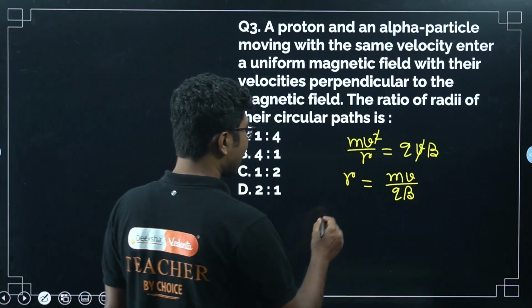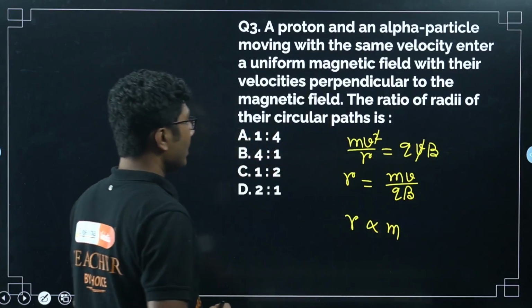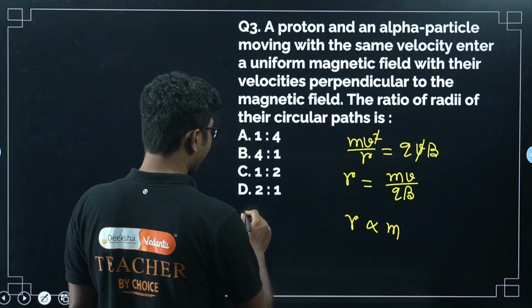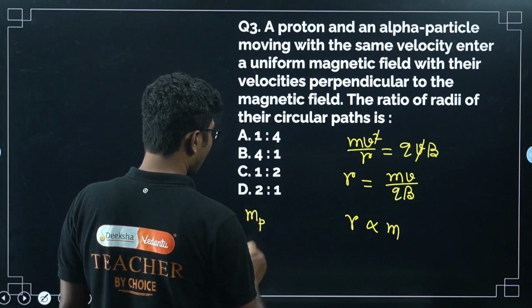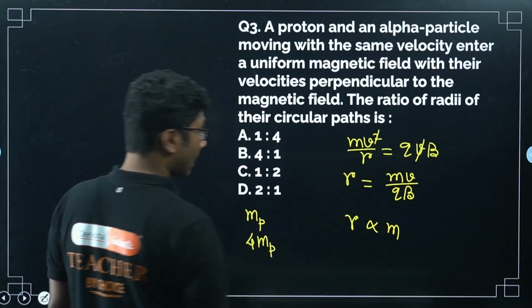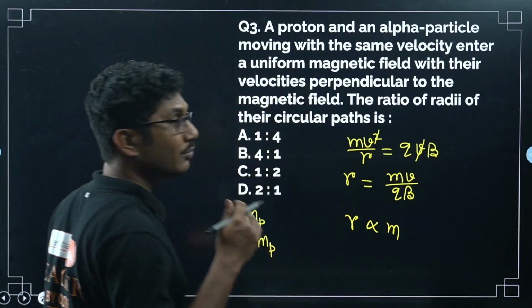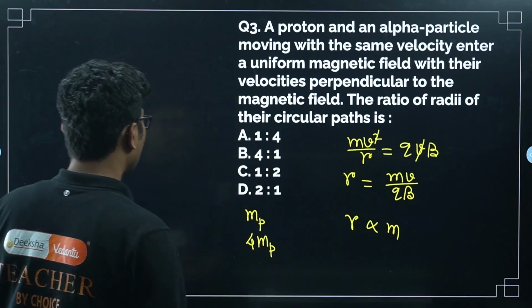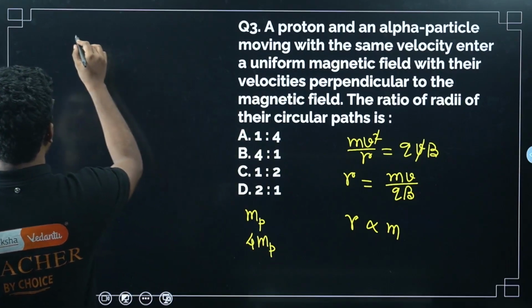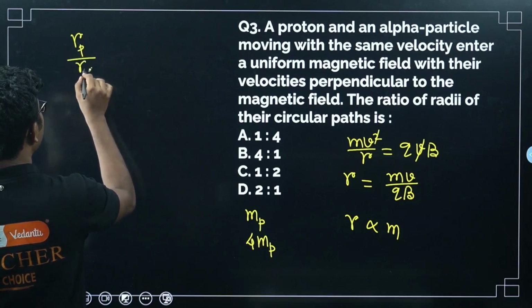So we can see that the radius is directly proportional to mass. Now if the mass of a proton is mp, then the mass of an alpha particle is 4 mp, right? An alpha particle has 2 protons and 2 neutrons, so that means it has 4 times the mass of a proton. So we can write r proton divided by r alpha particle.